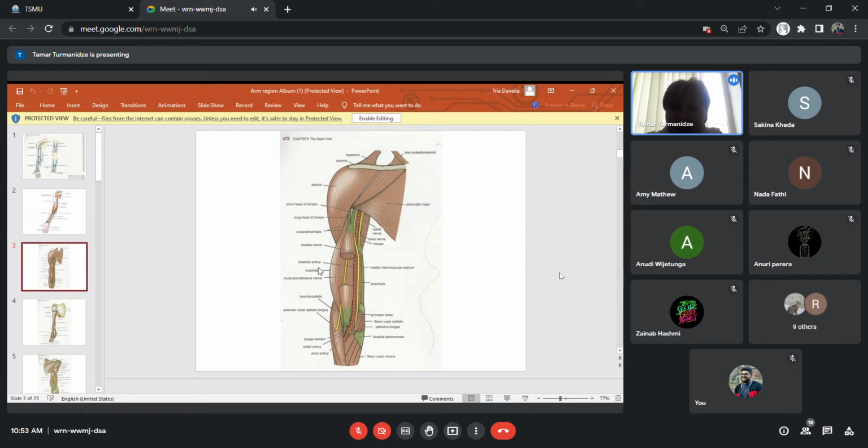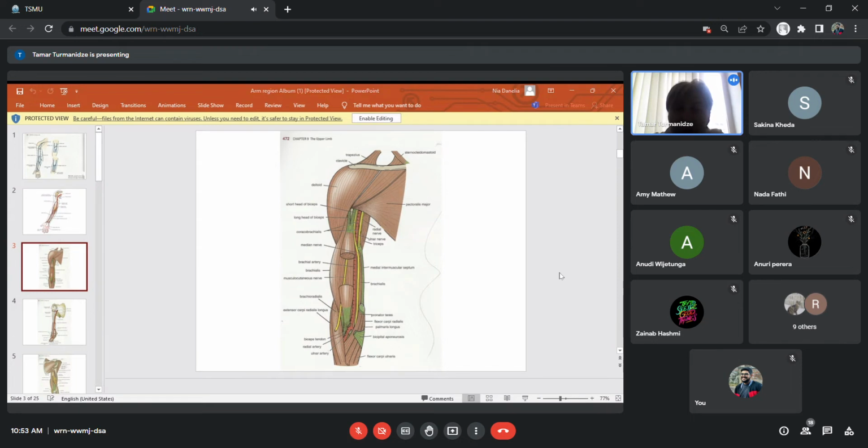Main vessels and nerves of the arm region are the brachial artery and four nerves which come from the brachial plexus. We have told that five main nerves arise from the cords of the brachial plexus. These are axillary nerve, radial nerve, ulnar nerve, musculocutaneous nerve.